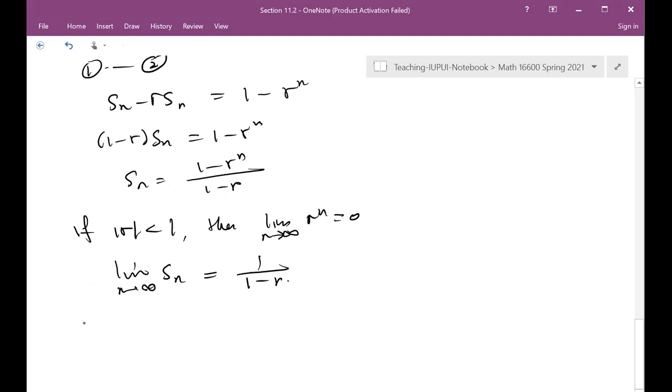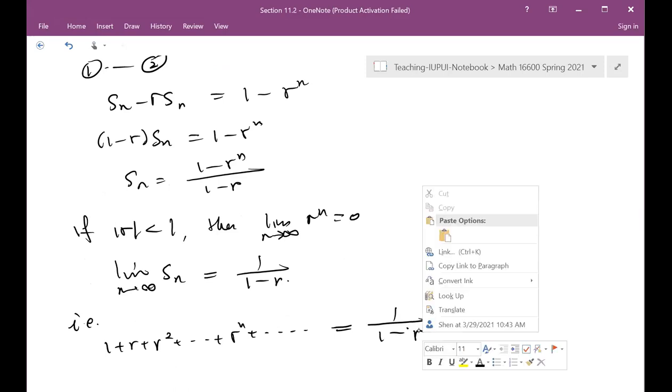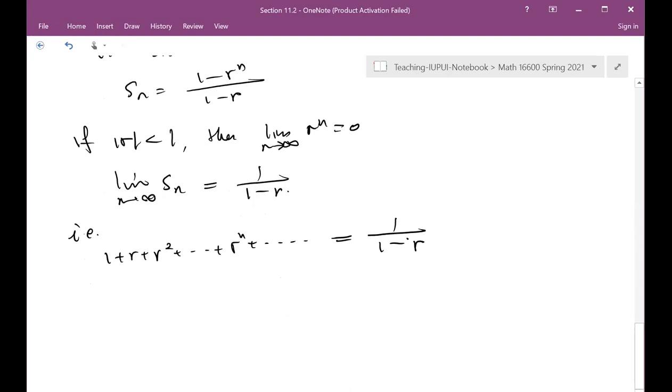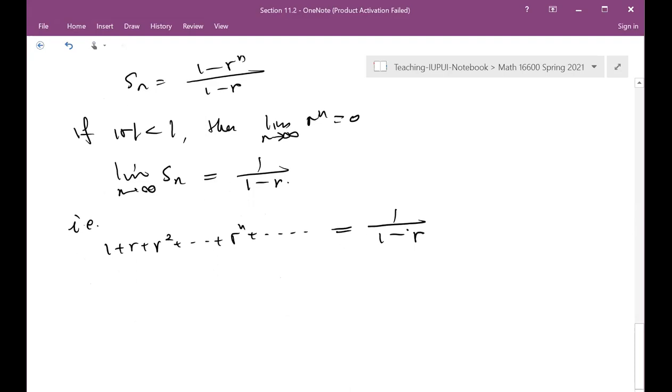In other words, if we add together infinitely many terms, the sum should be equal to 1 over (1 minus r). Right, so this is called the geometric series.